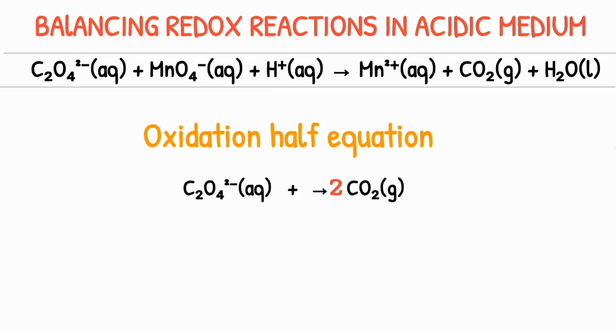Let's double check to make sure that the number of atoms are balanced. On the left hand side of the equation, we have 2 carbon atoms. On the right hand side, we have 2 carbon atoms. On the left hand side, we have 4 oxygen atoms. And on the right hand side, we have 2 times 4? The 2 in front works for carbon and for oxygen.